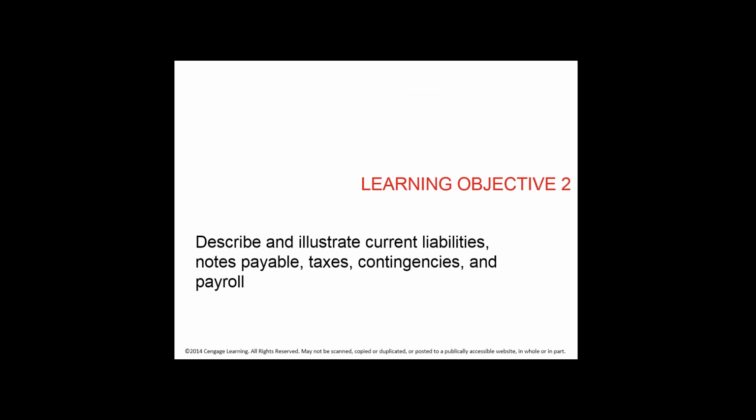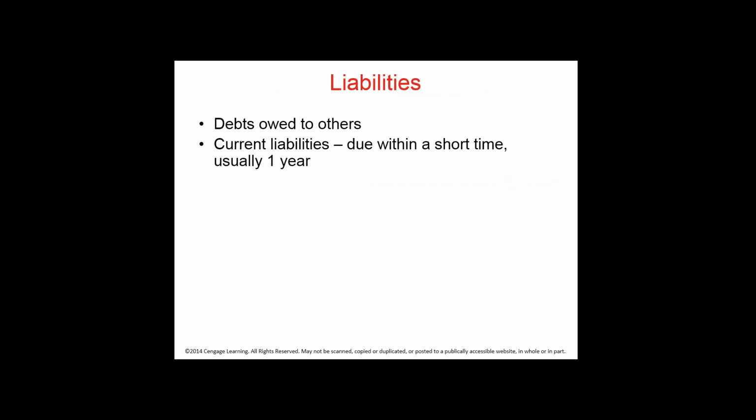Let's talk about typical liabilities. A lot of these we have some familiarity with from the work we have done up to this chapter. A liability is something that we owe to someone else. We call current liabilities those items that will be due within the next 12 months. They're short term. Long-term liabilities are those things that are due in a longer period of time than 12 months.